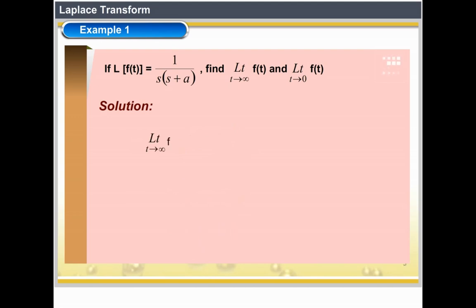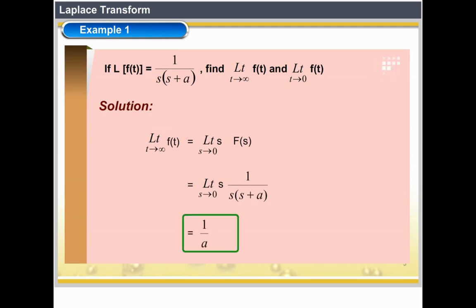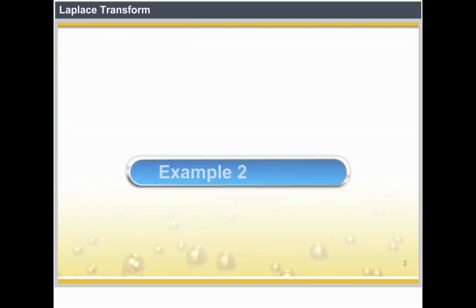The limit as t tends to infinity of f(t) equals the limit as s tends to 0 of s F(s), equal to the limit of s divided by s(s plus a), equal to 1/a.